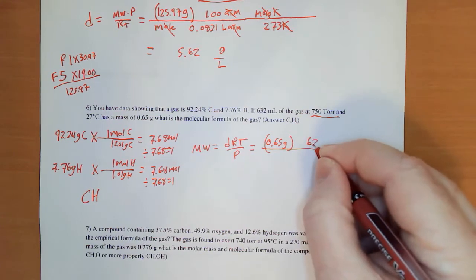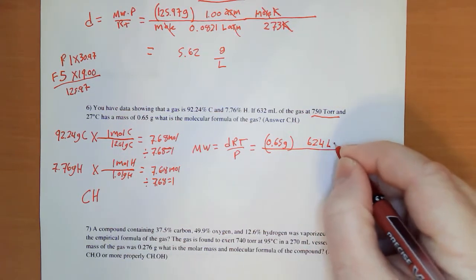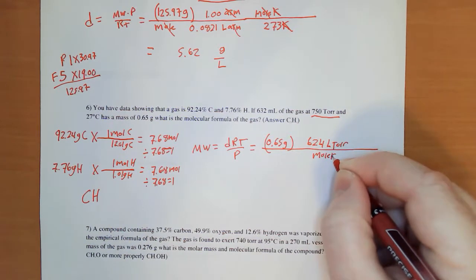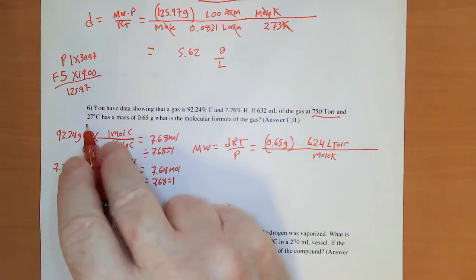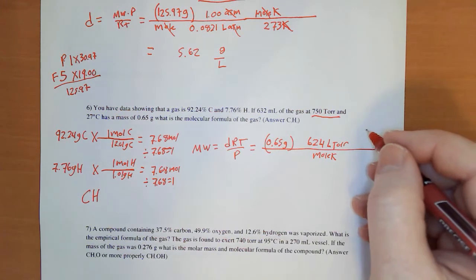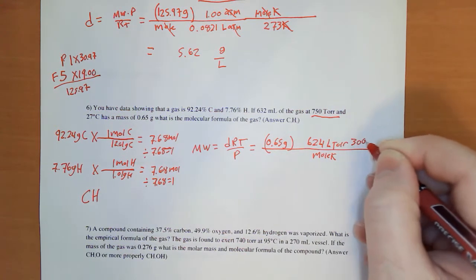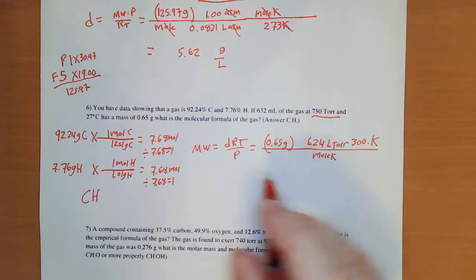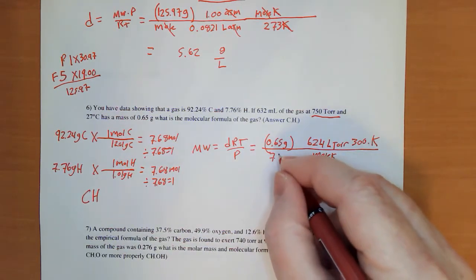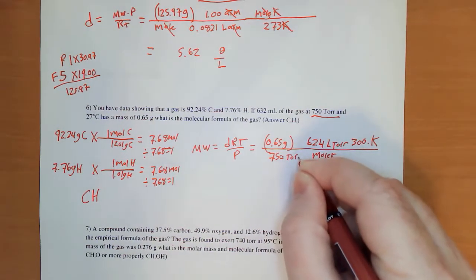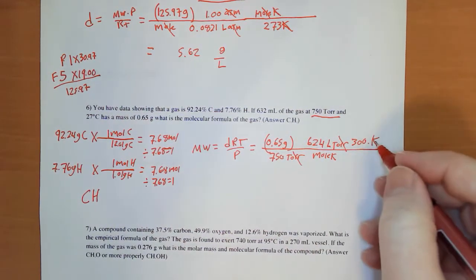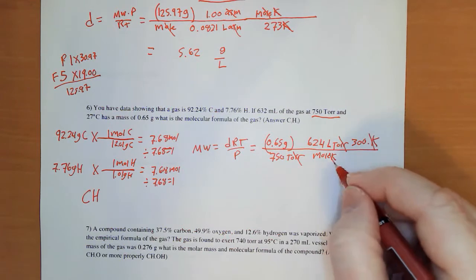So I'm going to use 62.4 liter torr per mole K. For the temperature, 27 degrees is a nice round 300 with a decimal Kelvin. Okay. The pressure, 750 torr. So torr is gone. Kelvin is going to cancel.